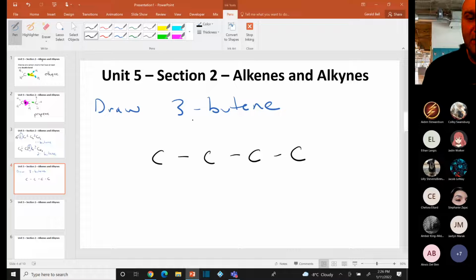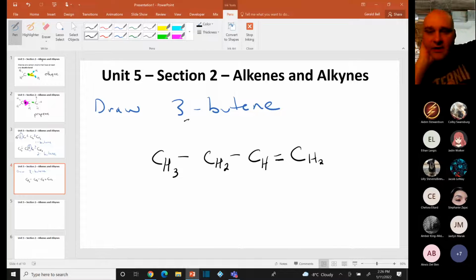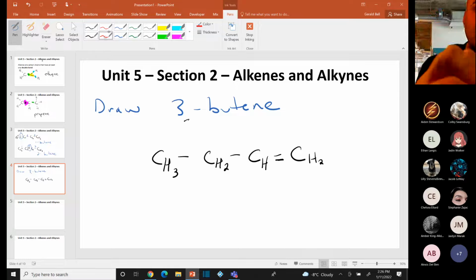I'm going to put that multi-bond in the 3rd spot here. And then I'm going to put in my hydrogens, like that. And you might be pretty proud with yourself right now saying, yay, I did 3-butene, because you numbered it left to right. 1, 2, 3.